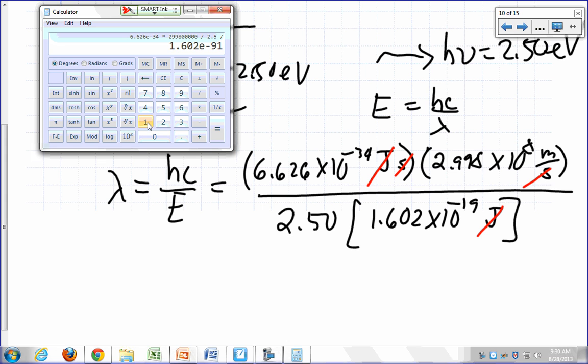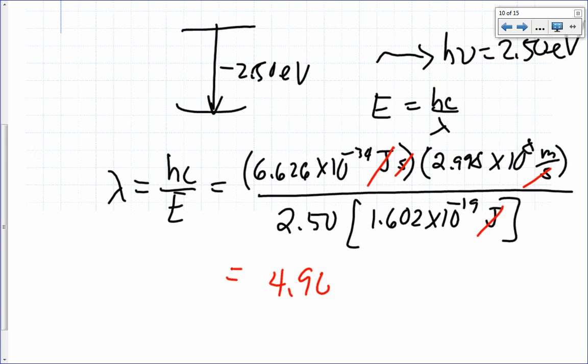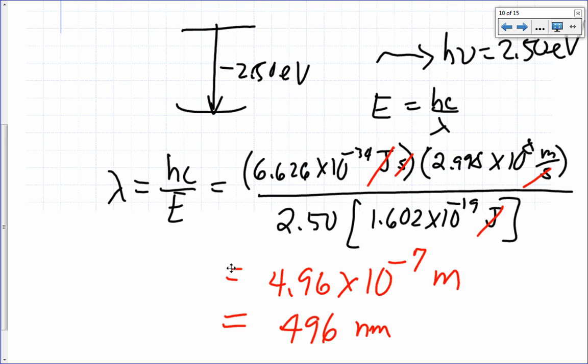Negative 19. Equals 4.96 times 10 to the negative 7 meters. So what would that be in nanometers? 496 nanometers. What color of light would that be?